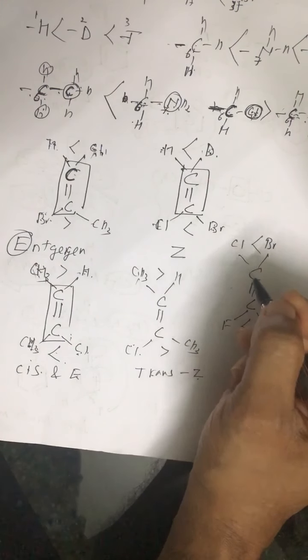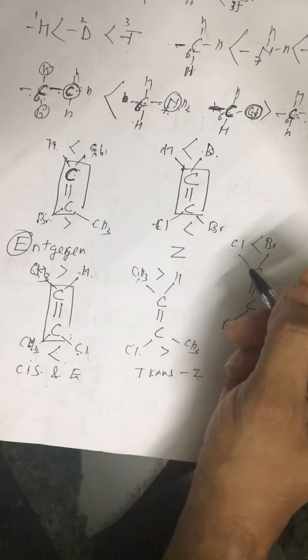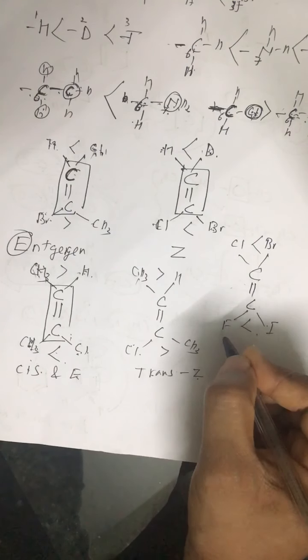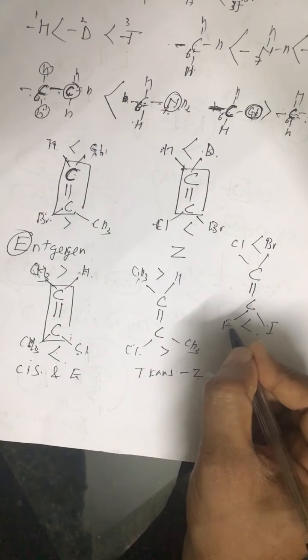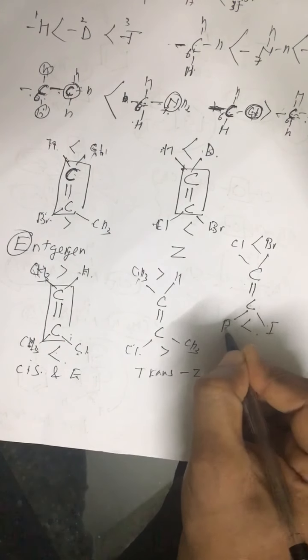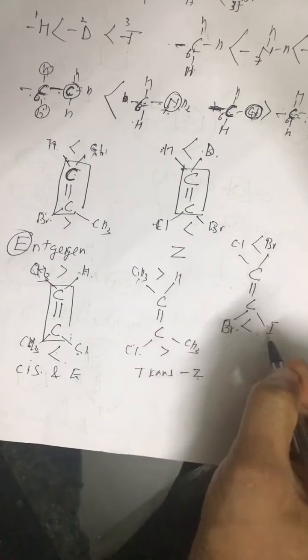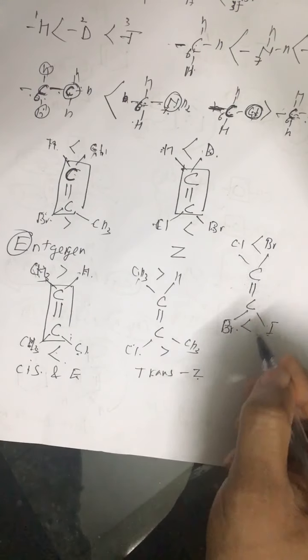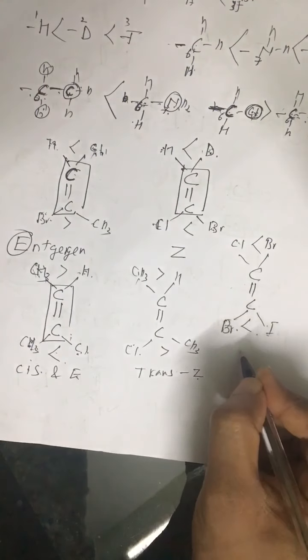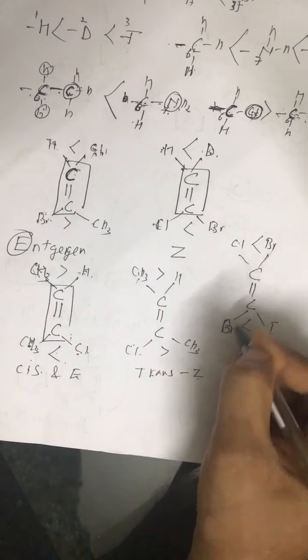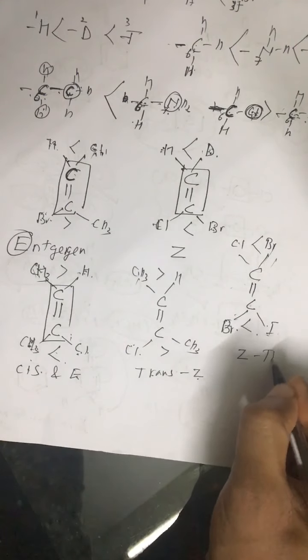All right, so let us take Br here. Senior groups are on one side, so this is Z form, and this is trans, Z and trans.